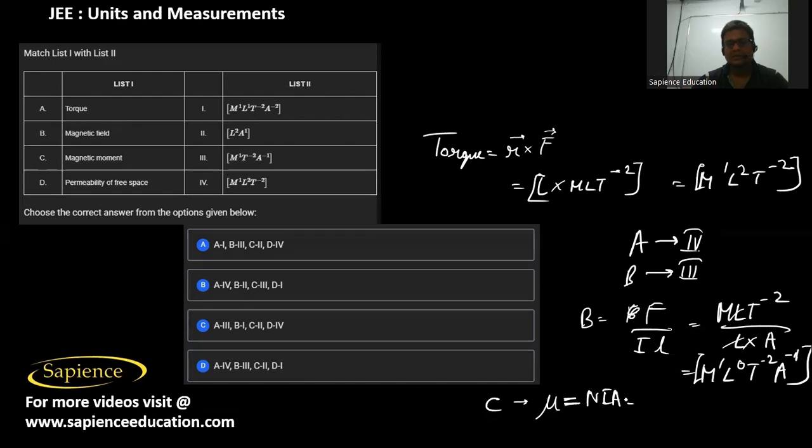So that is current into length square, L square into A power 1. So that is option 2. So C will match with 2 and D will obviously match with 1. It means that option D is the correct answer.